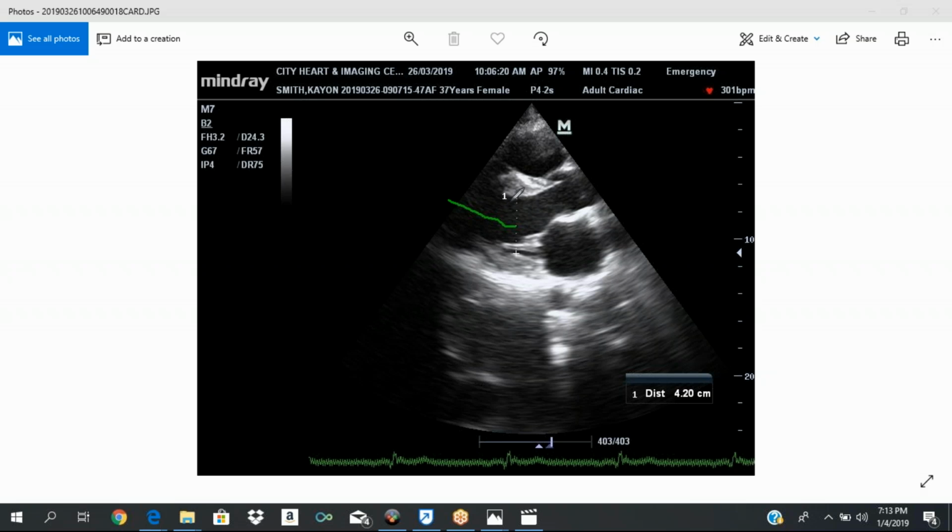So if the line is going to be perpendicular, it has to be 90 degrees, so it has to come down like that. So this is not the correct way to do it. And your measurement should be at the tip of the mitral leaflet.